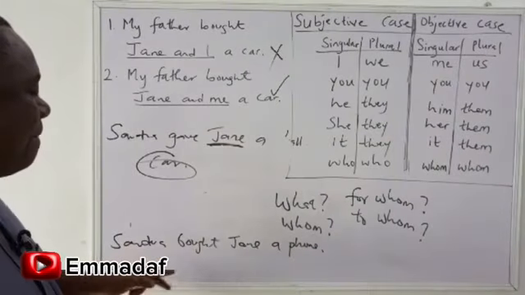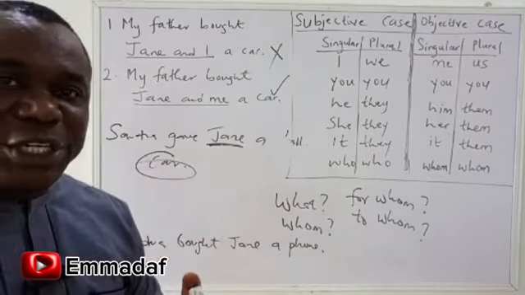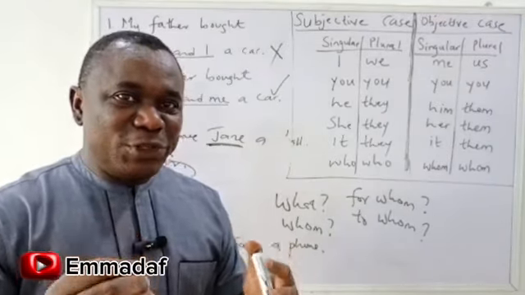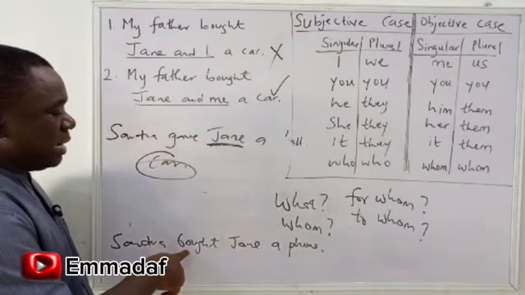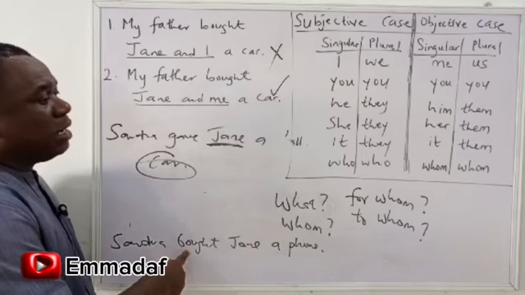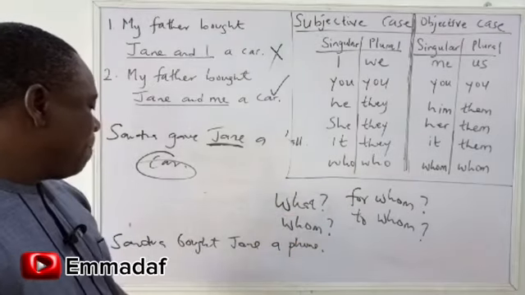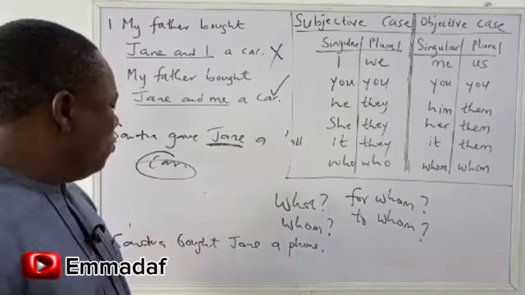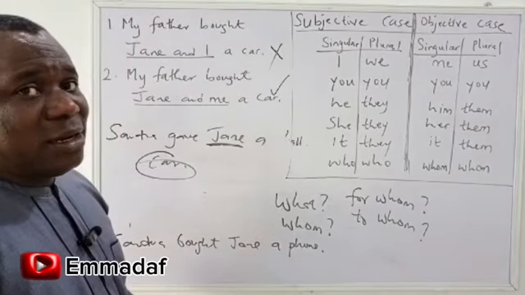Sandra bought Jane a phone. I am searching for the indirect object of the verb, bought. I ask myself, for whom or to whom? Which of these questions will be applicable here? For whom did Sandra buy a phone?